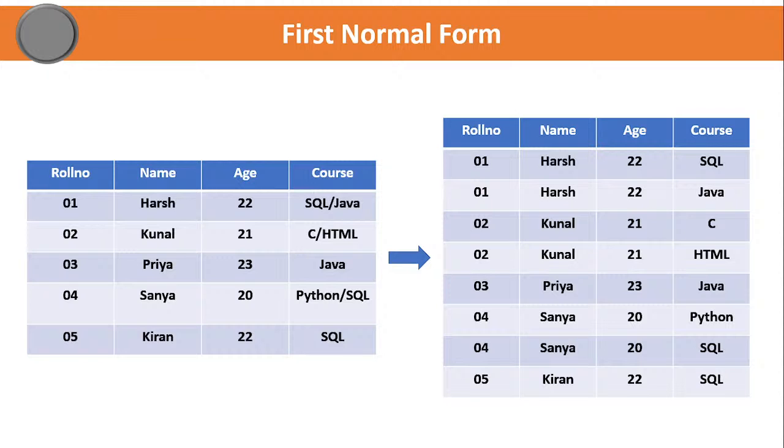And similarly, we have Kunal as well, who has enrolled for courses C and HTML, and also we have Sanya, who has enrolled for Python and SQL, which we have separated into 2 different records. So by applying the first normal form, you can achieve atomicity and also every column has unique values. So that was first normal form, guys.